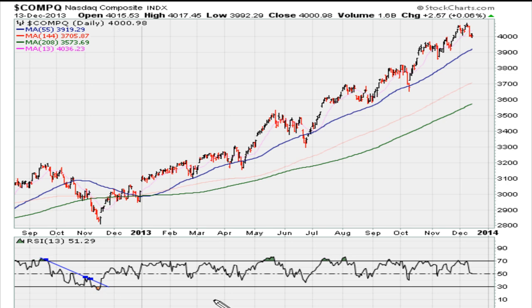So you can draw your entry point here. You can choose to also draw a straight line from that point, because you know that this point gave you a very nice move in the NASDAQ here. So you know that's a very critical point for this stock.